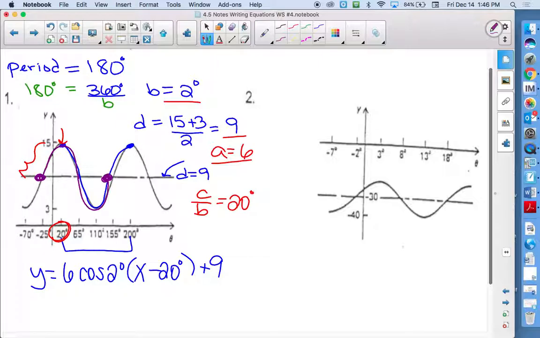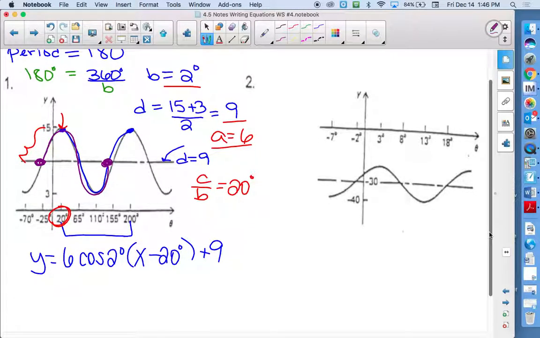So when you're writing a sine graph, would the period change? Would the distance from the first point to the last point change? And calculate it. So if this starts now at negative 25 and ends at 155, what is the distance from negative 25 to 155?